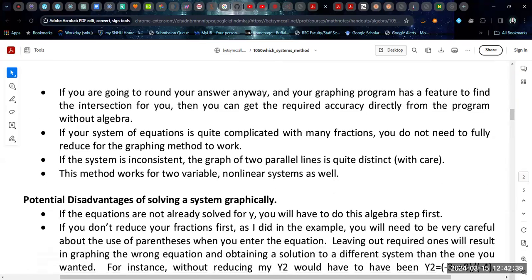If you are going to round your answer anyway, then your graphing program has a feature to find the intersection for you, and you can get the required accuracy directly from the program without doing any algebra. So this may be appropriate if you have weird square roots or things like that as your coefficients.